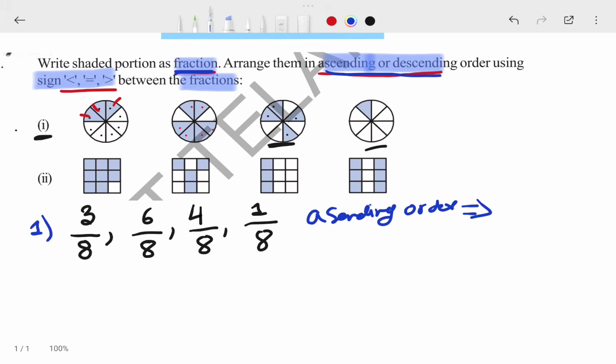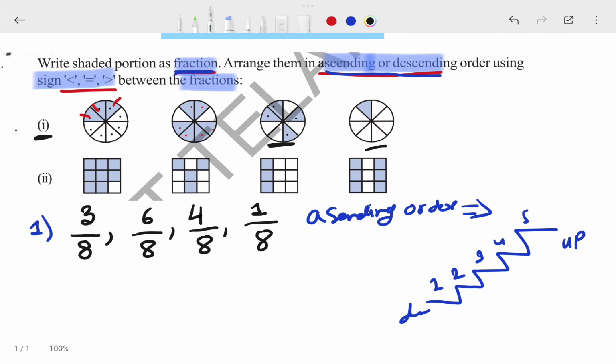How can we write these numbers in ascending order? Generally, ascending order is like a staircase. We are going from down to up. We go through 1, 2, 3, 4 and 5.